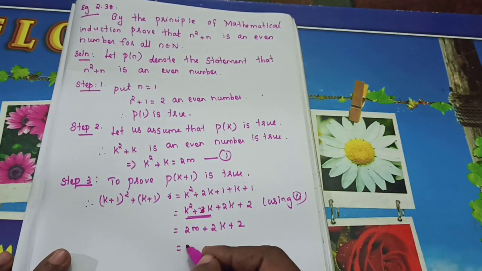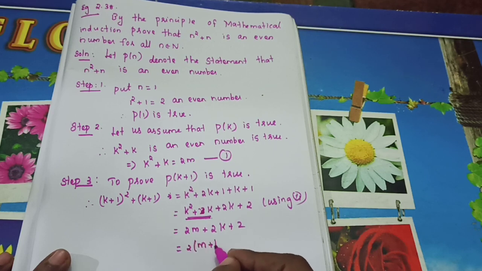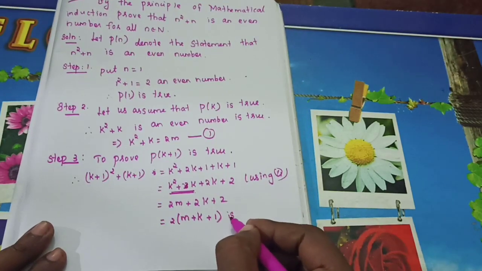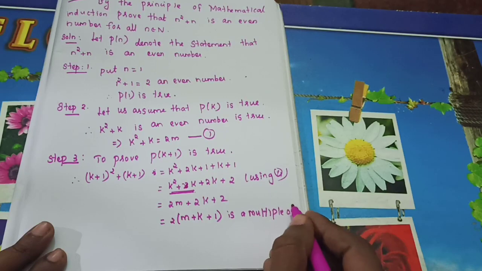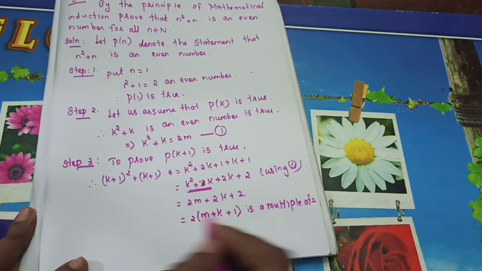That's equal to, what is common here? 2 is common. So 2 into m plus k plus 1. Whether it's a multiple of 2? It is a multiple of 2. So whether it's an even number? Yes. Is it right?